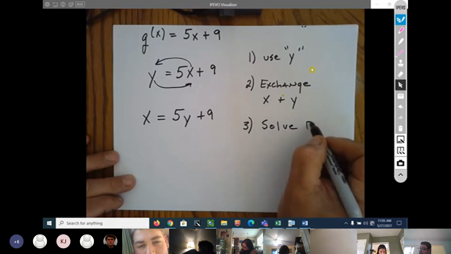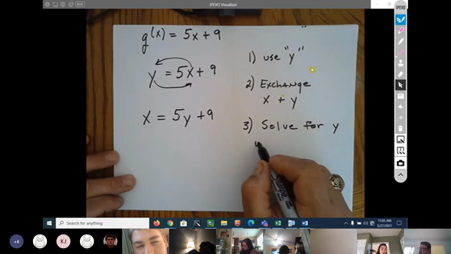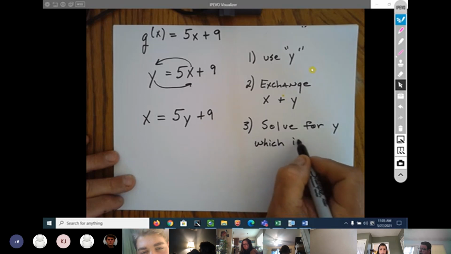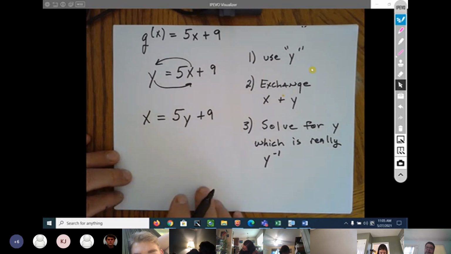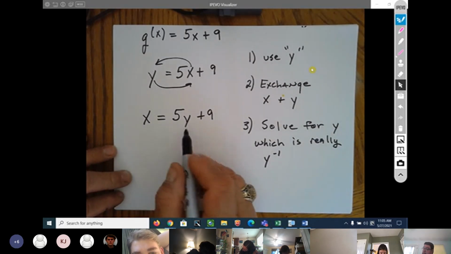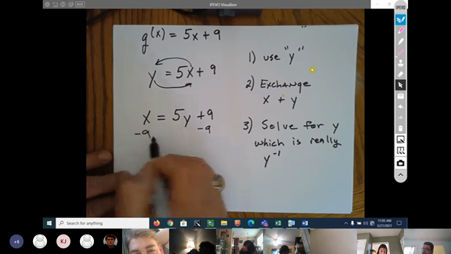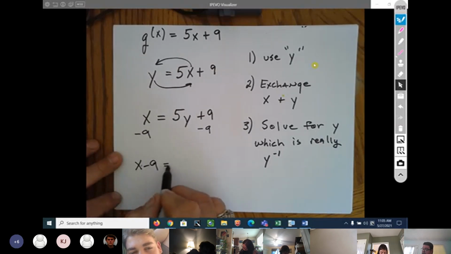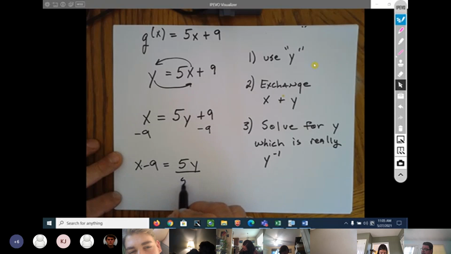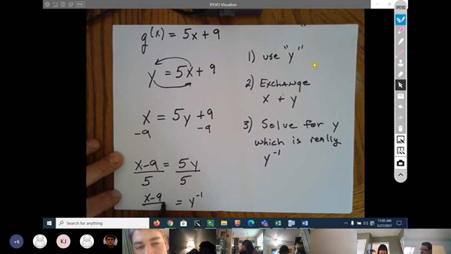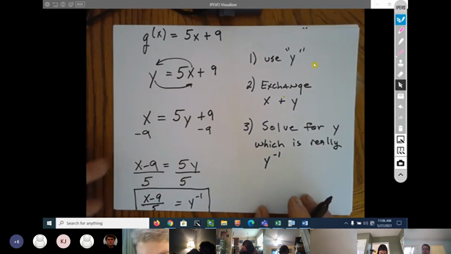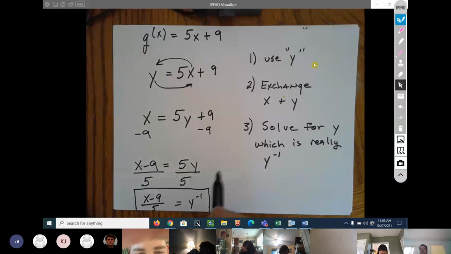Solve for y, which is really y to the -1. So now I'm going to solve for y. Minus 9, minus 9, x minus 9 is equal to 5y. Divide by 5. And y inverse is equal to x minus 9 divided by 5. That's a test question.